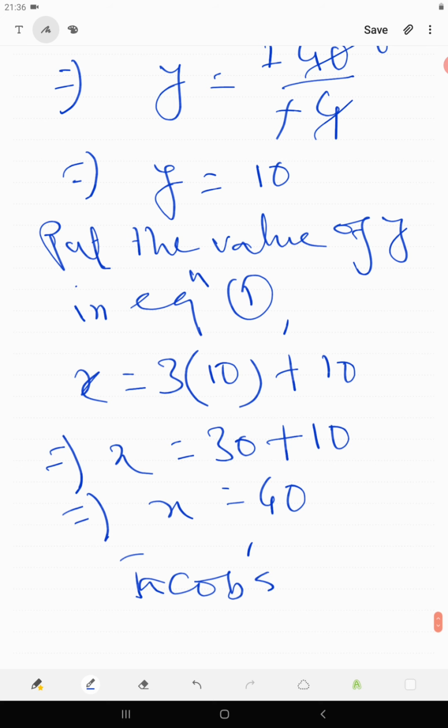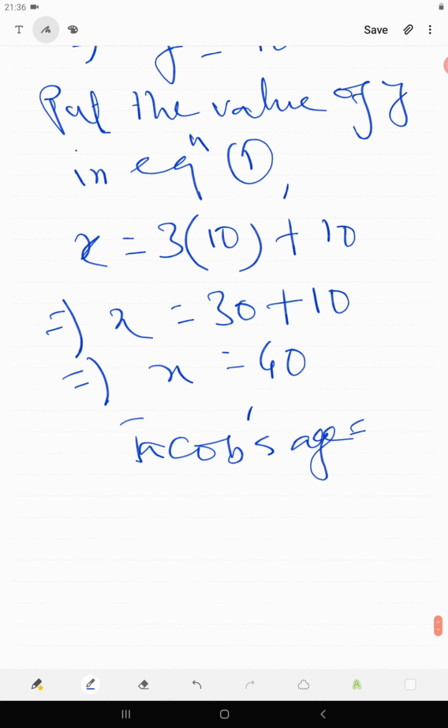He's asking for the present age, correct? Sometimes you might be asked the age 5 years later also. But here they are asking the present age only. So the present ages were x and y. So Jacob's age is 40 and Jacob's son's age is 10.